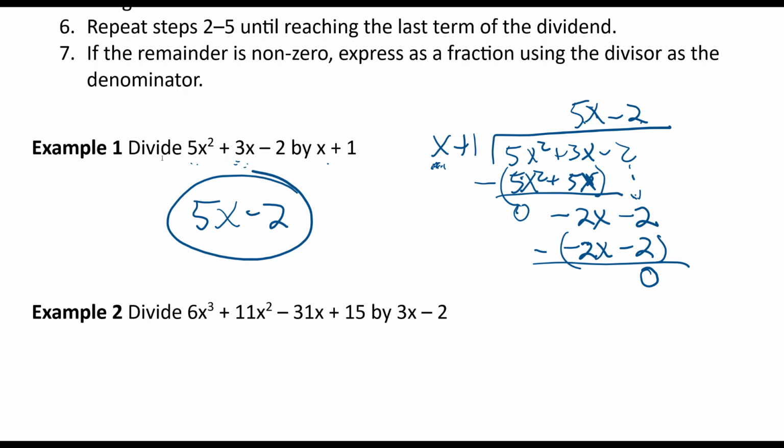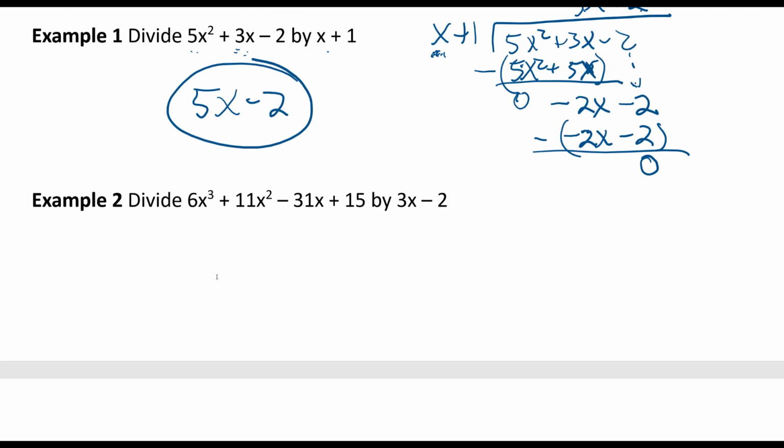And let's look at the next one. We have 6x cubed plus 11x squared minus 31x plus 15. We're going to divide by 3x minus 2. So 3x minus 2 goes into 6x cubed plus 11x squared minus 31x plus 15.